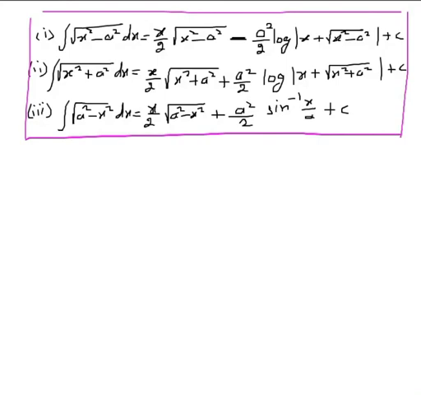And if you see, all the first terms are similar. You have x by 2 times the same function, minus or plus a square by 2 and the formulae which we studied in exercise 7.4. Let us write down the next method.